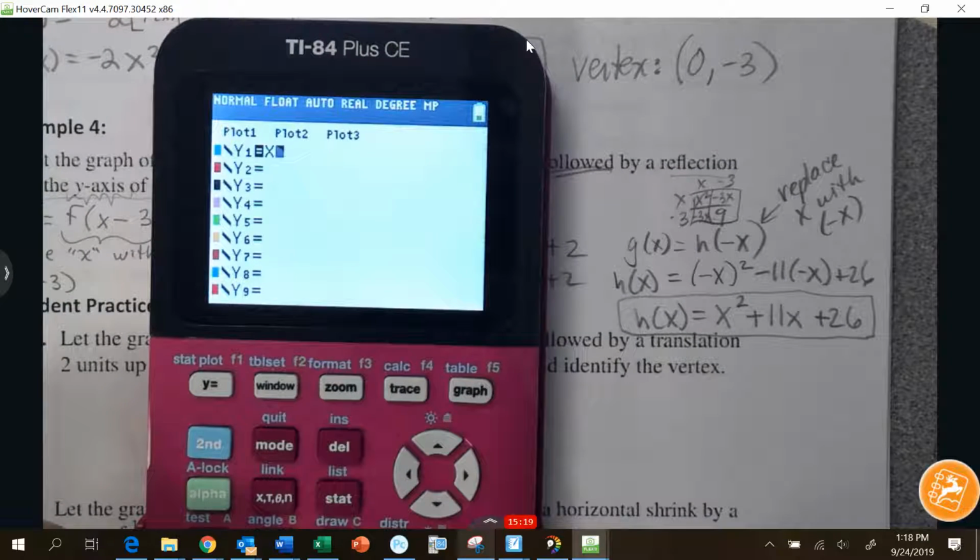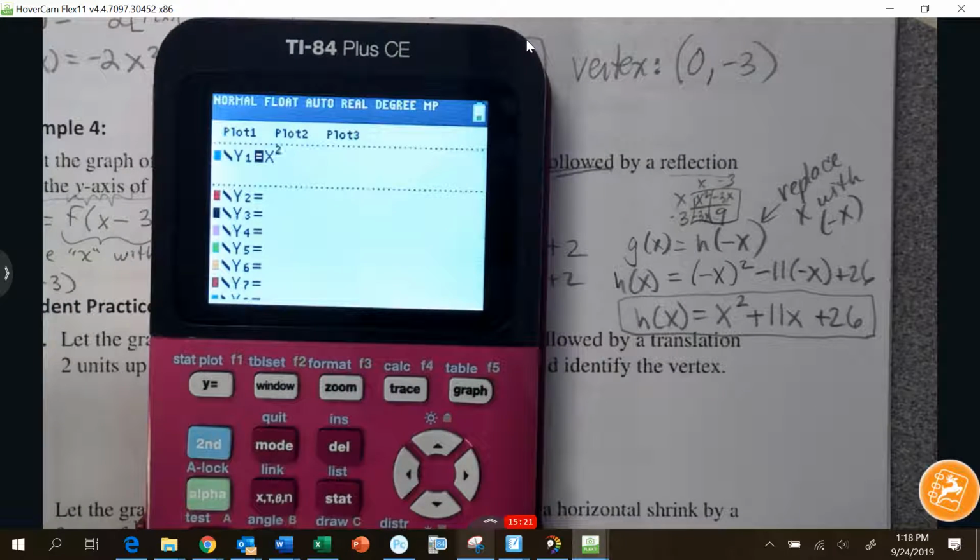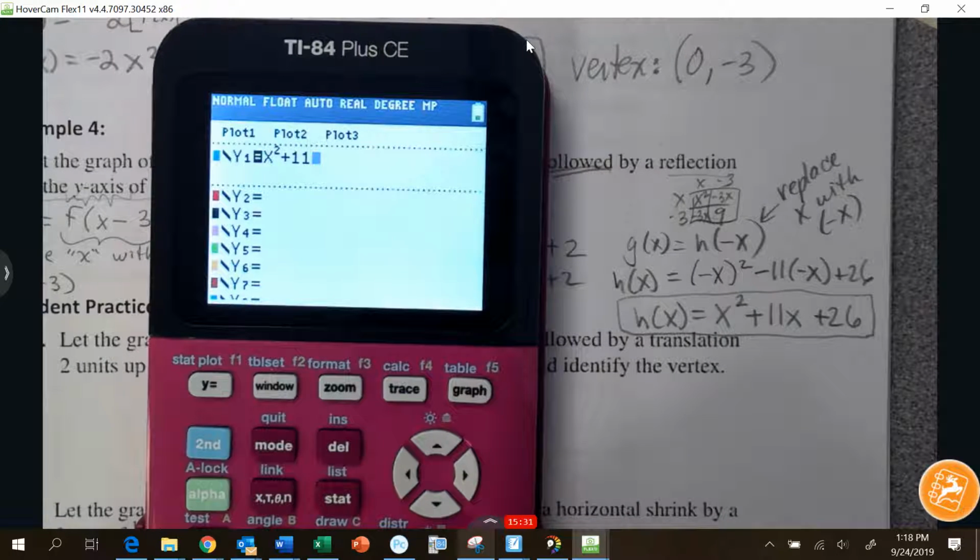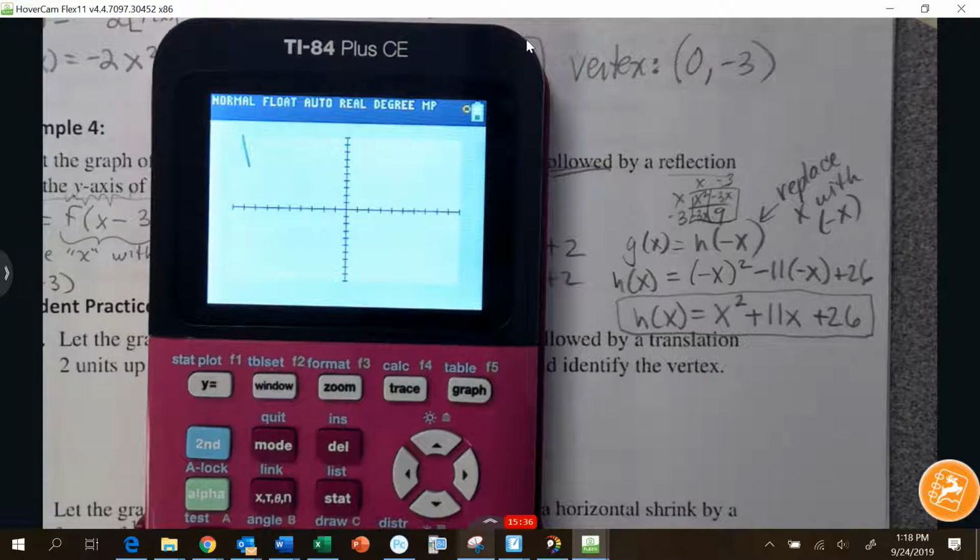Ooh, yeah. Well, that's part of it, yeah. Good job. That's what we're doing next class. It is standard form. Very good. Ooh, it looks like the vertex is.